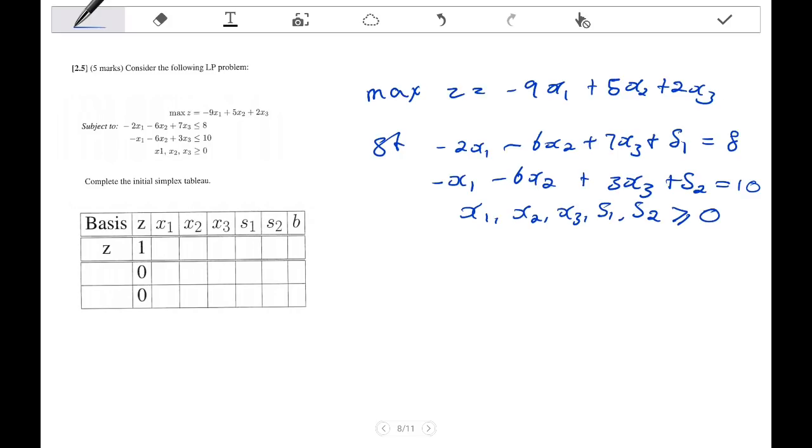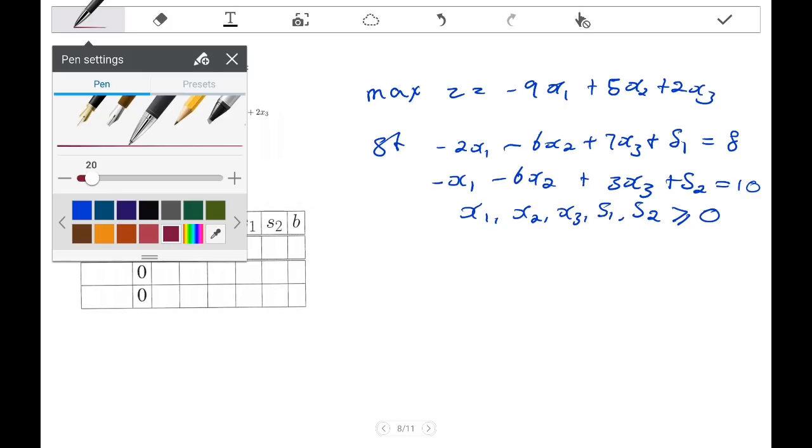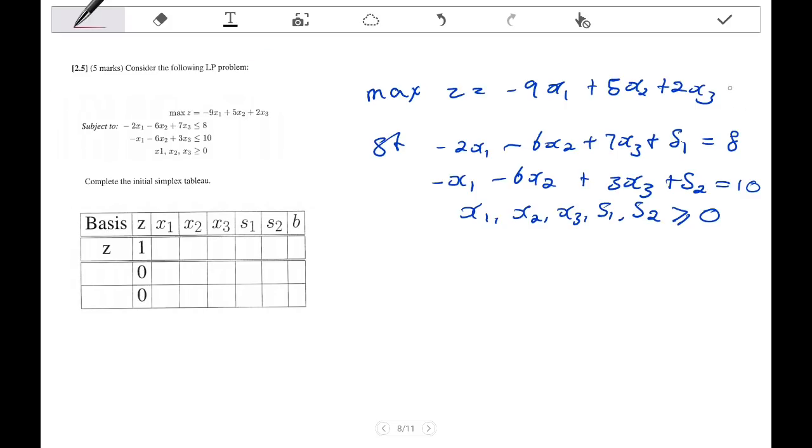Then on your objective function, after writing the constraints in a standard form, you can come and add 0 s1 plus 0 s2. So this row here is the objective function. So the objective function z is 1. Remember that z is equal to minus 9x1 plus 5x2 plus 2x3.